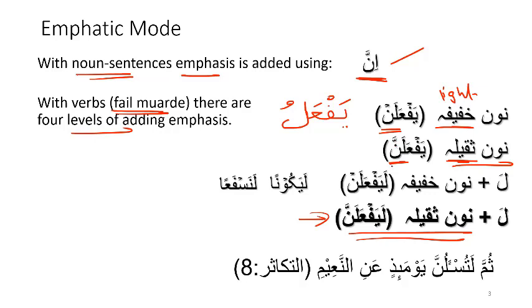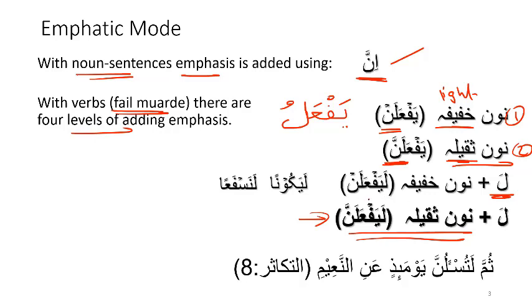So when we add this noon thaqila, which is the noon with the shadda, that adds even more emphasis. So the first one, noon khafifa, adds emphasis. The second one, noon thaqila, adds even more emphasis. And then the next level is to add a lam fatha before the verb and a noon at the end.